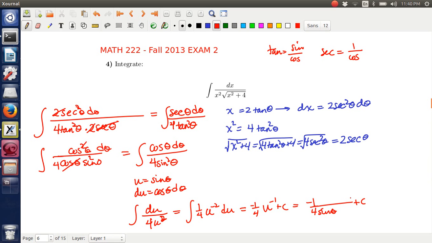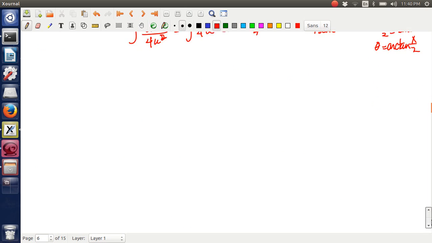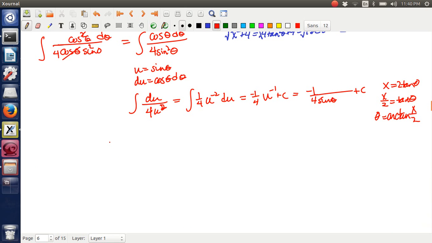And that's because we did this thing up here, x is equal to 2 tangent of theta. So x over 2 is tangent of theta, and that means theta is an angle whose tangent is x over 2. And then we need to take the sine of that guy. Well, what is that guy? I should draw myself a triangle.